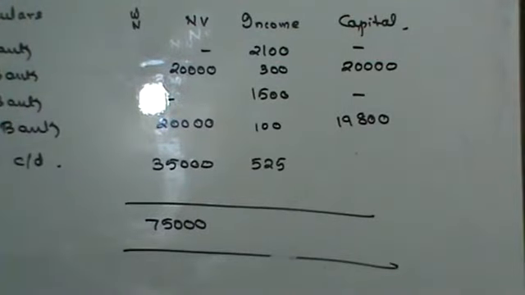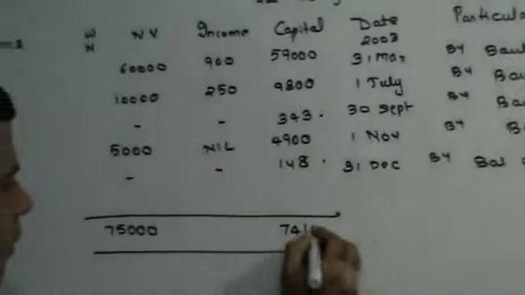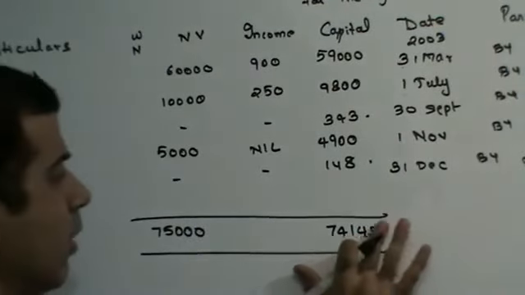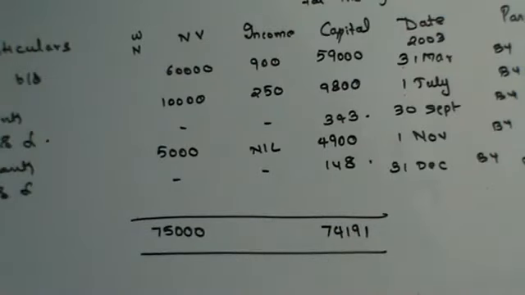Right? Now, let's add the capital amount. Someone please add the debit side of capital. 74,191. Okay. Check. Yeah, correct.